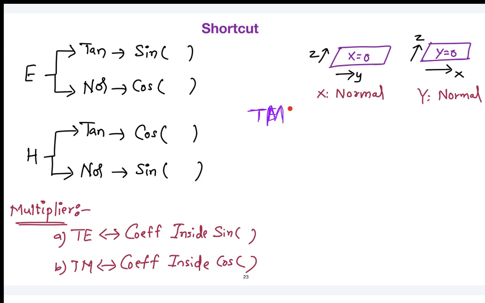Let me go back to TM only. You can understand. So when you are writing the equation in TM, first thing you are asking me to write is the Hx component. First of all, I need to write the x variation, y variation, z variation. In the z variation, I can clearly say Hx0 into e^(−γz). And if I want to write the variation in x, let me focus on this particular plate.